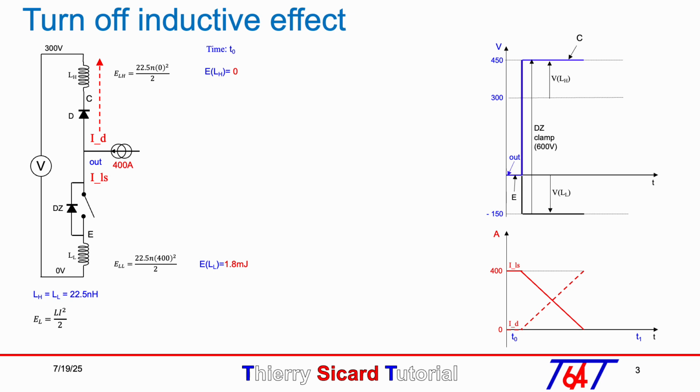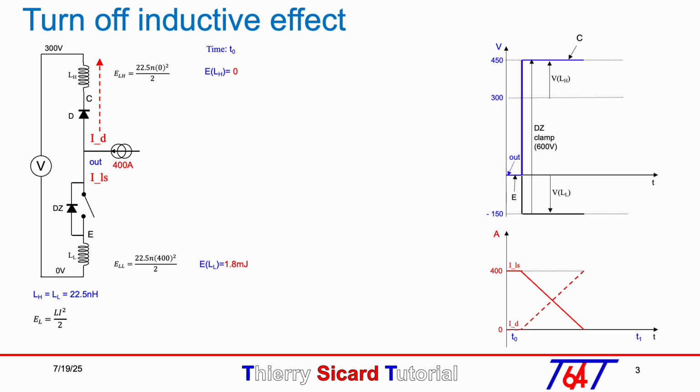So node E goes to minus 150 volt and the LL current decreases linearly from 400 to 0 amp, with VLL across LL, see red curve. Node C goes to 150 volt over the 300 volt supply, which means 450 volt, and the LH current increases linearly from 0 to 400 amp, dashed red curve, with VLH across LH.